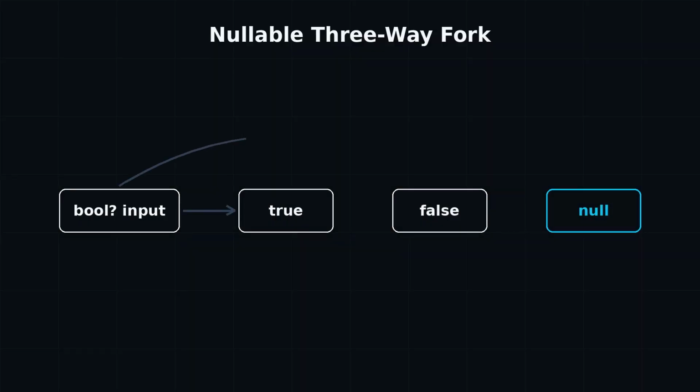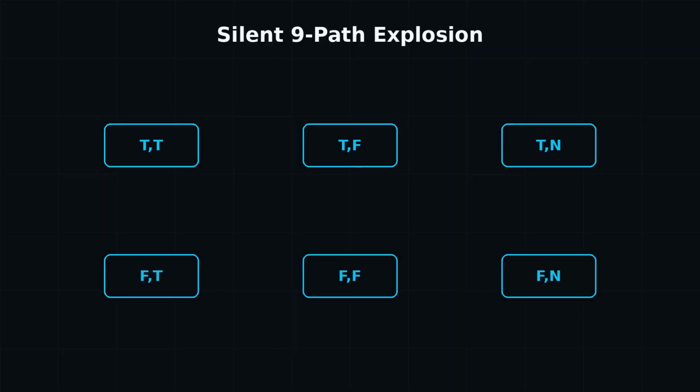The hidden state machine expands silently, and your test matrix balloons from 4 cases to 9, and that's before adding more flags. You rely on the caller to avoid impossible states, but nothing in the type system prevents them. The implicit complexity multiplies without a single loud complaint from the compiler. Thus, from 2 innocuous flags, you've built a machine that quietly demands 9 test cases, each hiding a potential bug.